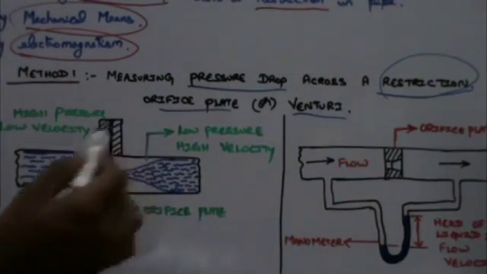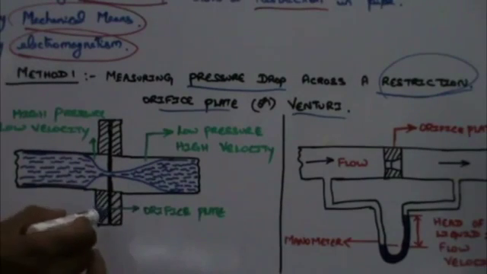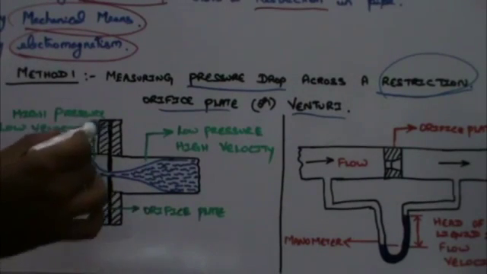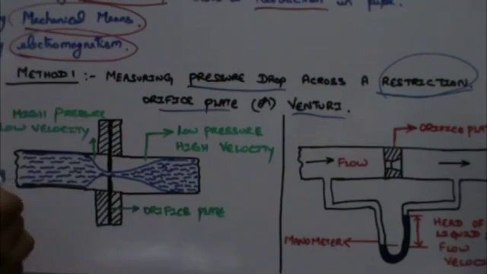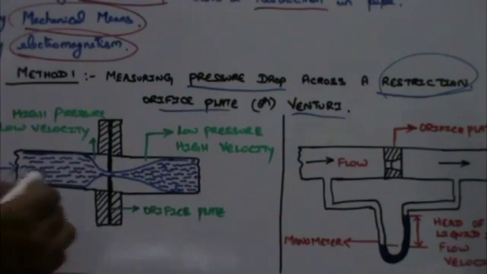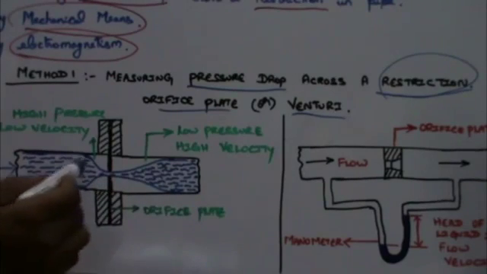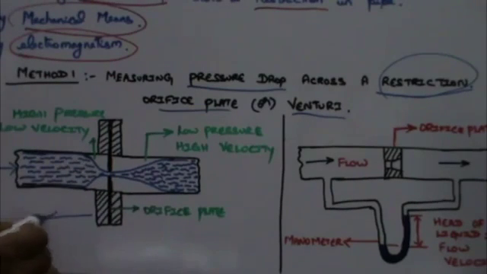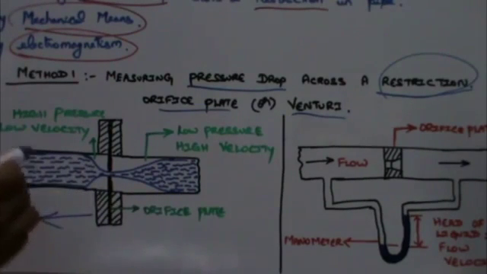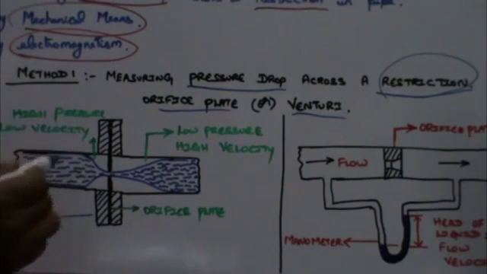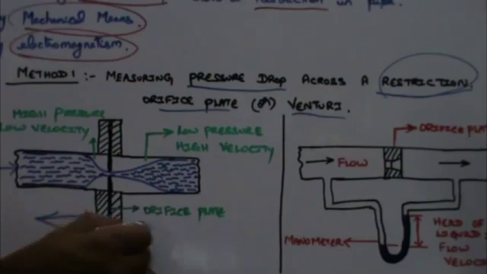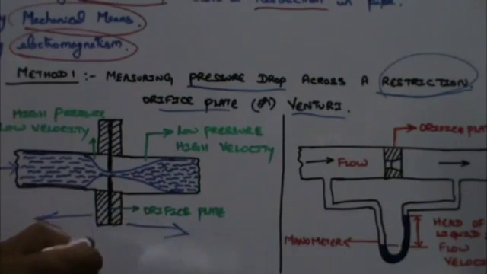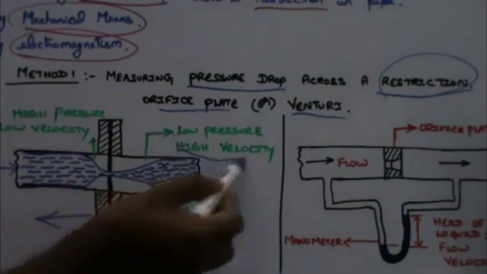Now, when looking at this figure, we have an orifice plate installed inside a flange in the pipeline, and this is the direction of fluid flow. This area, that is upstream of the orifice, we have high pressure and low velocity, and after the orifice, that is downstream, we have a low pressure and high velocity.